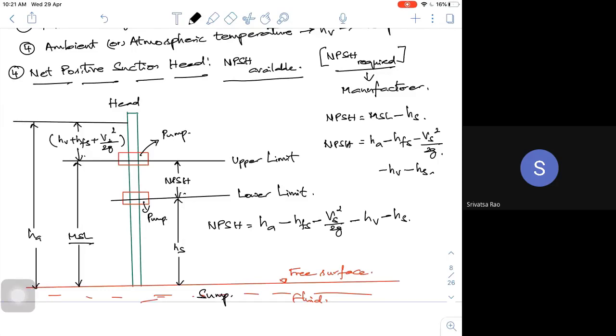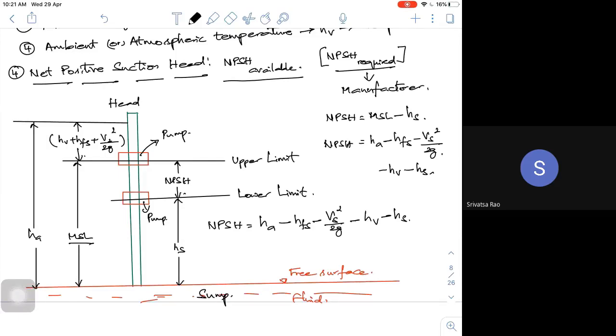So there is a limit. The upper limit is already determined by your MSL, the maximum suction limit. And there is a lower limit, which is also a suction limit.